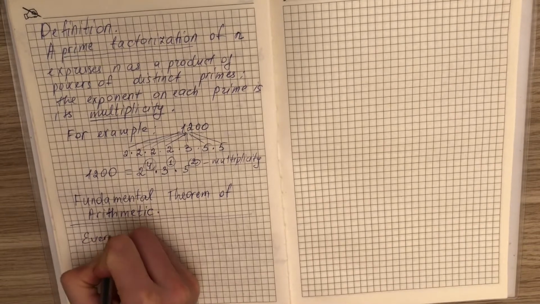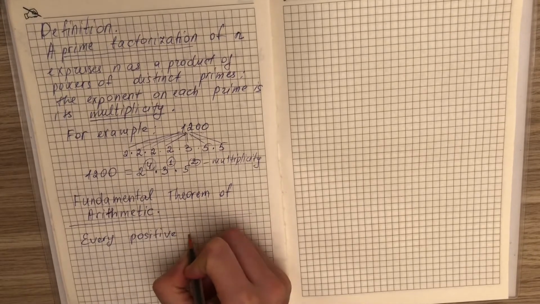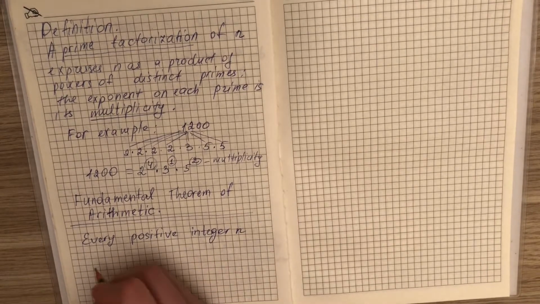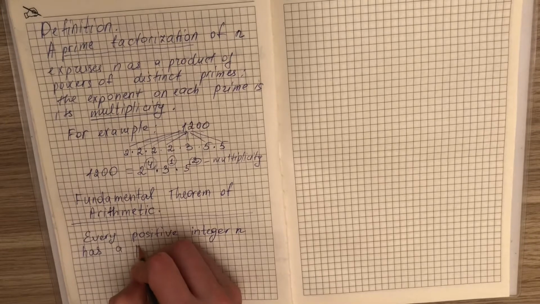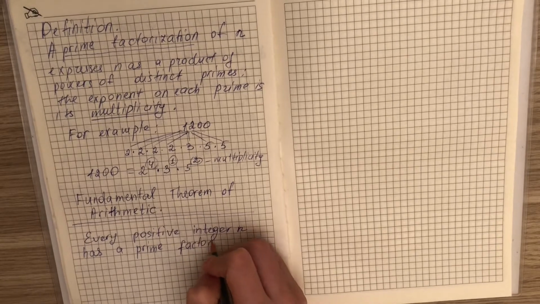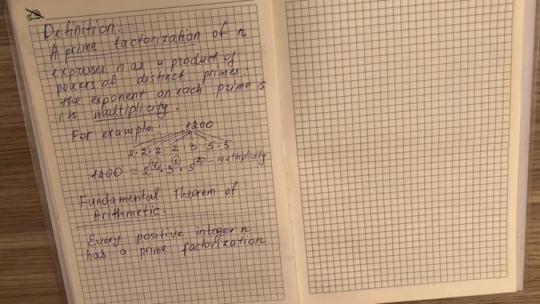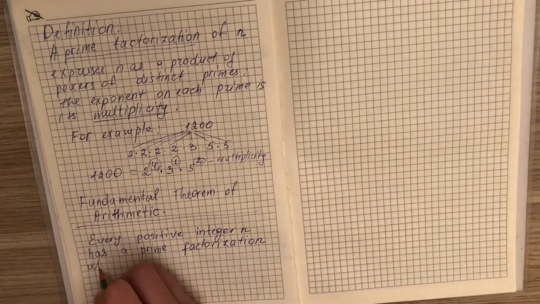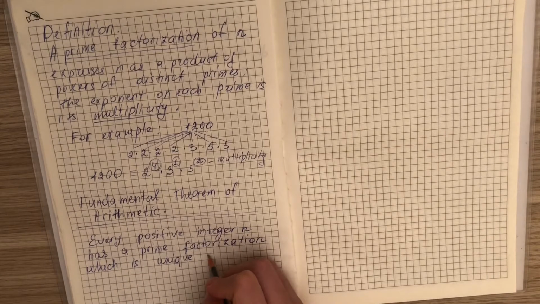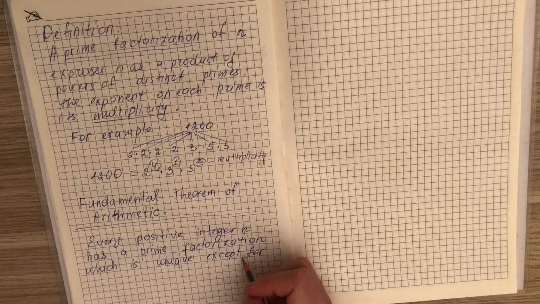Every positive integer n has a prime factorization, which is unique, except for reorderings of the factors.